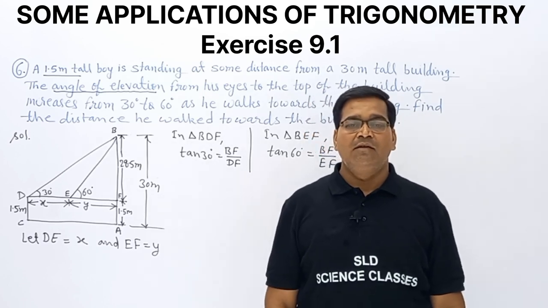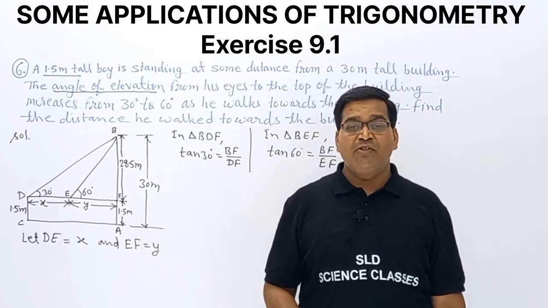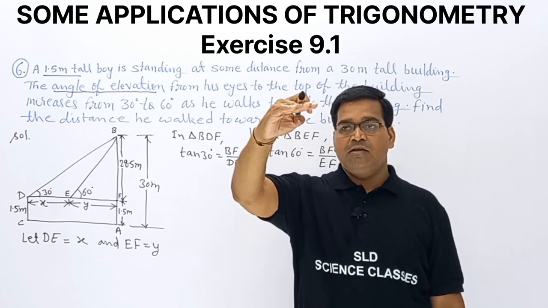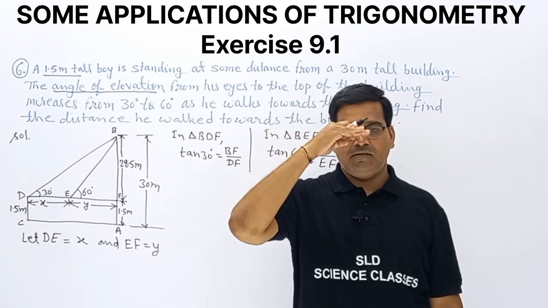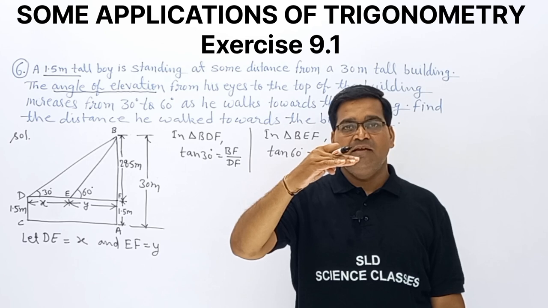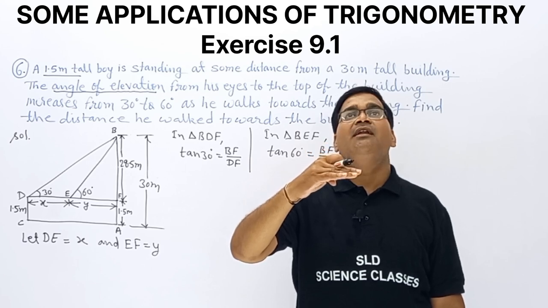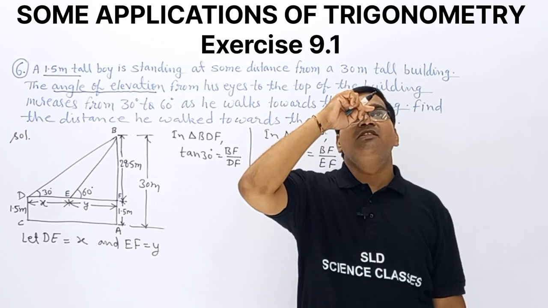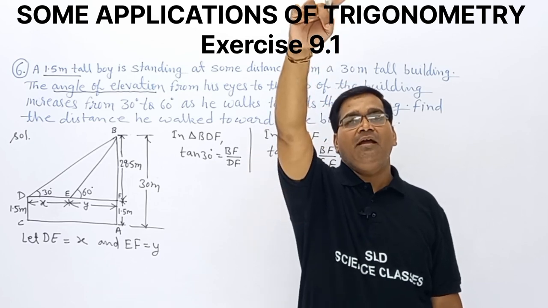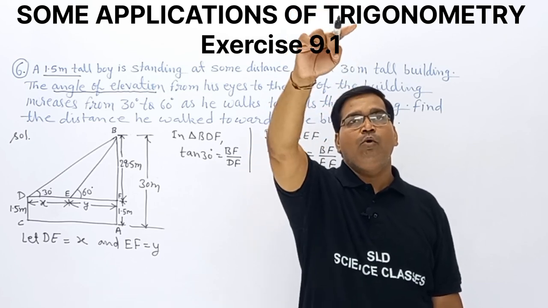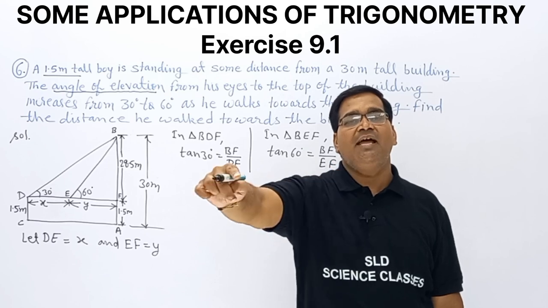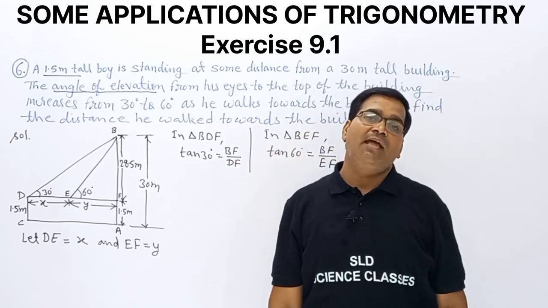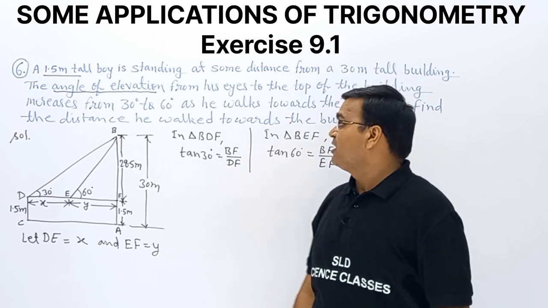With the line of sight of our eyes and the horizontal line making an angle, that angle is the angle of elevation. Clear?